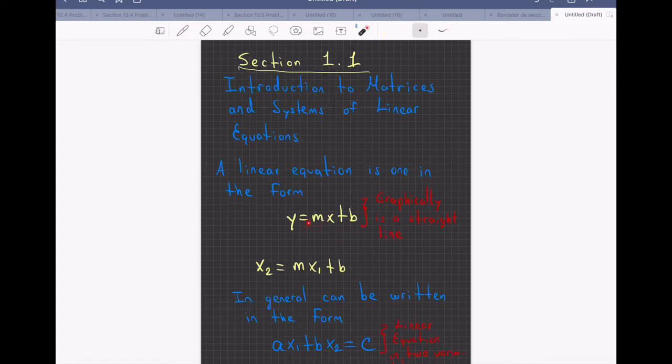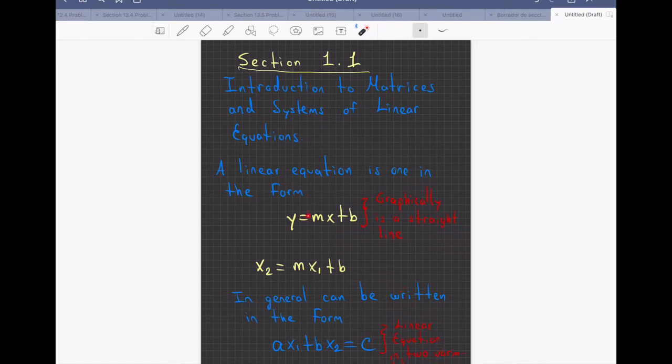So any linear equation comes graphically from a straight line. We will be using the notation x2 equal to mx1 plus b, and if we have more variables, we're going to be using x again, the difference being the subscript, and in general, it can be written in this form. But in this form, we have a linear equation in two variables.